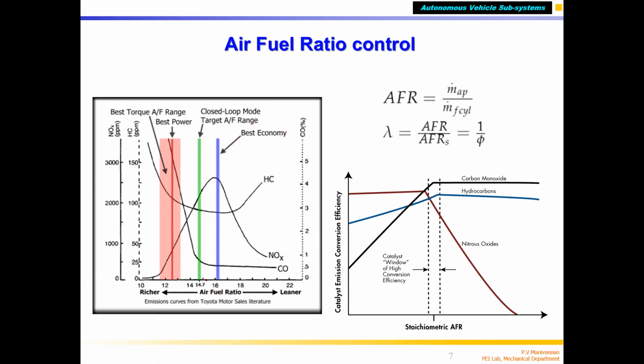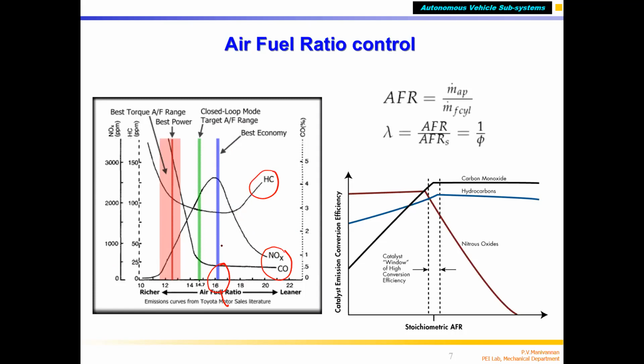Engine, if you want fuel economy, run your engine at lean mixture. This is lean around 16, not an exact line, correct? Plus or minus something. If you want the best overall emission control, because emission control is not good at lean or rich, correct? At lean, you can see the NOx and CO are reduced, but HC is very high, correct?